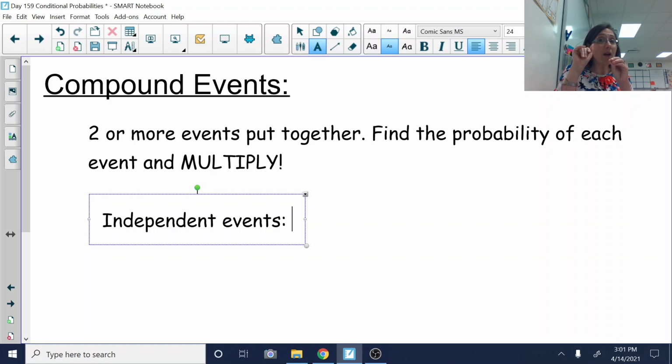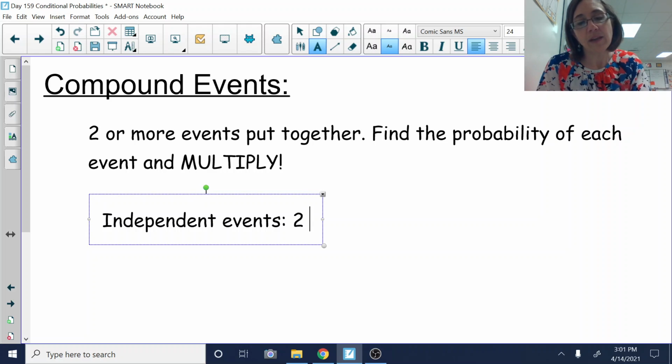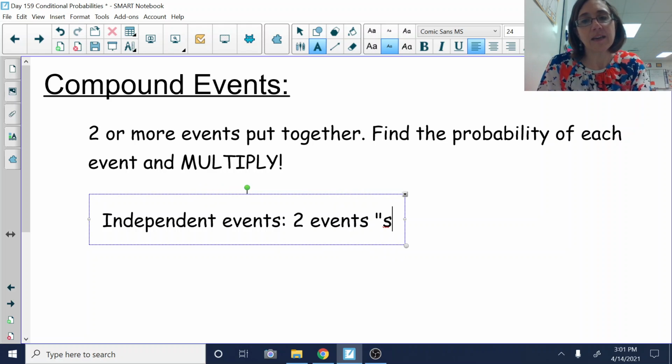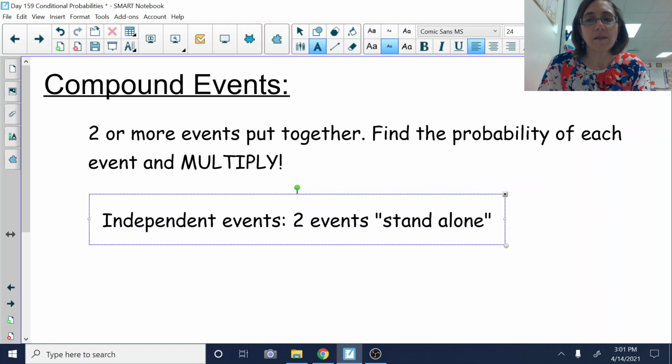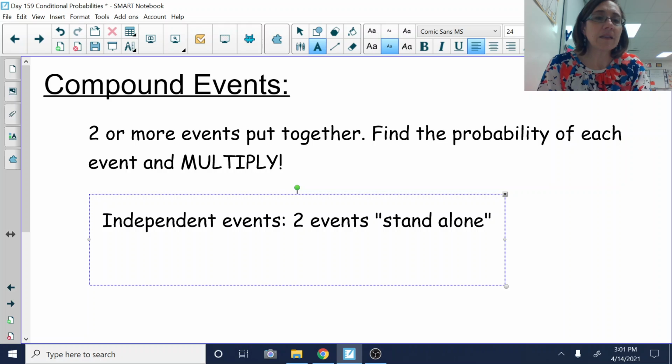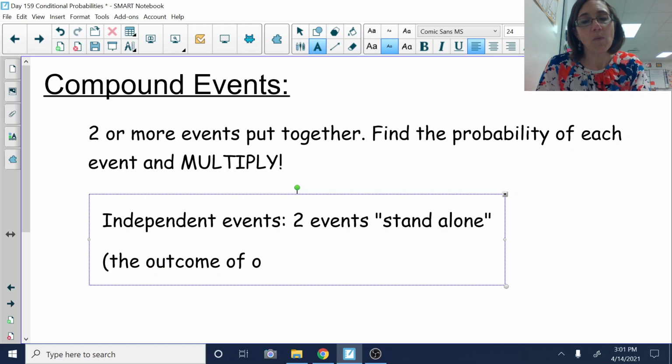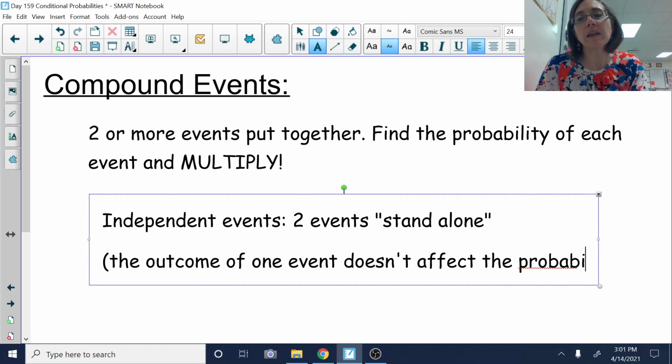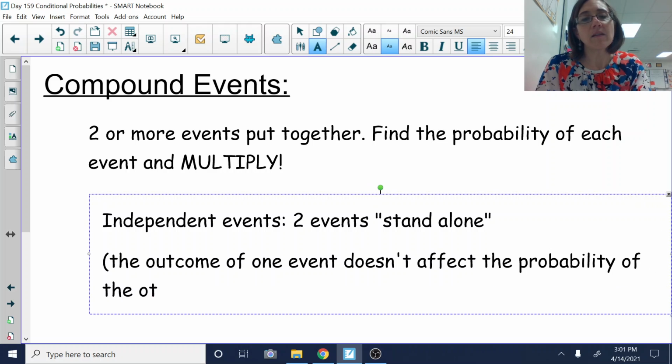The probability of one, what happens in one event, has no effect on what happens in the other event. Two events stand alone, which means the outcome of one event doesn't affect the probability of the other.